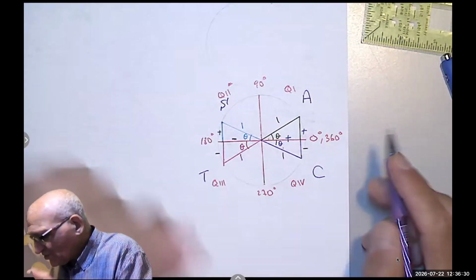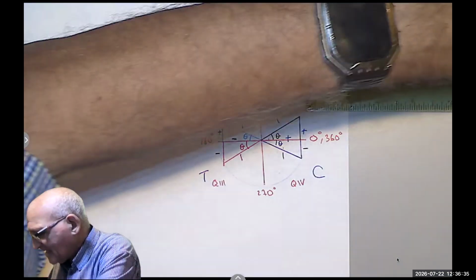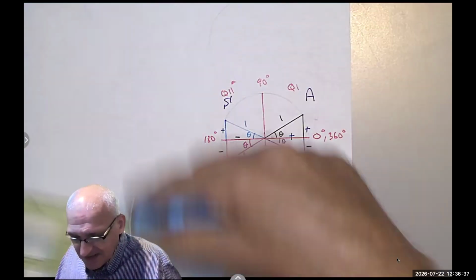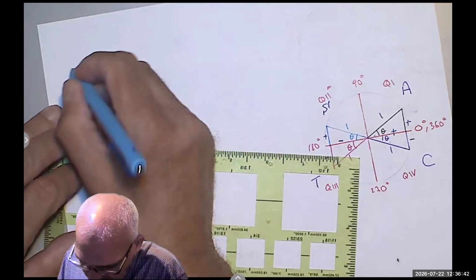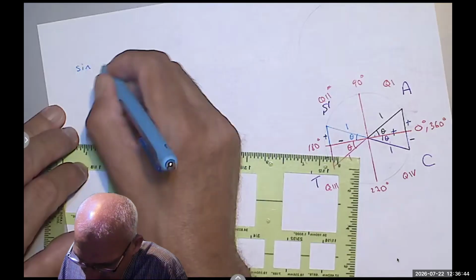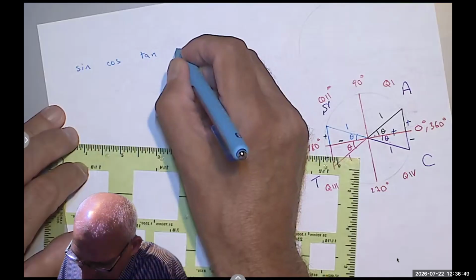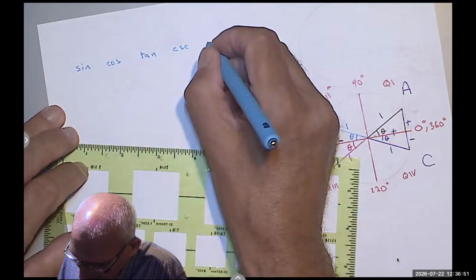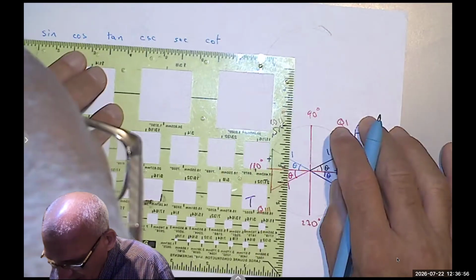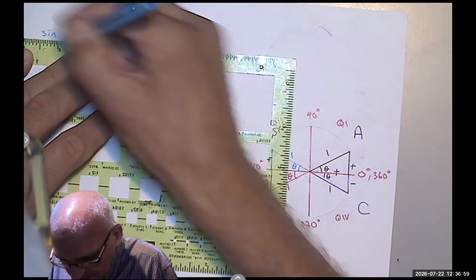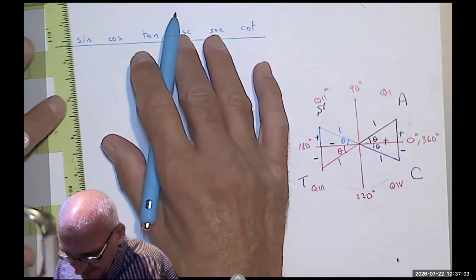In fact, I told you I hate memorization, but this one maybe in the beginning would help you remember these functions. So I'm going to say maybe here I can write sine, cosine, tan, and then cosecant, secant, and cotan of the angles we remember, the angles that we know, okay?